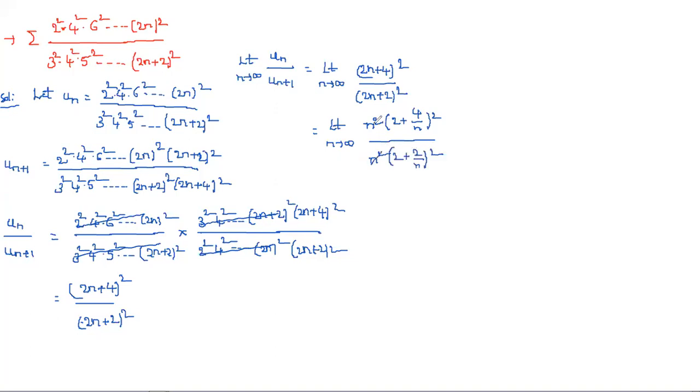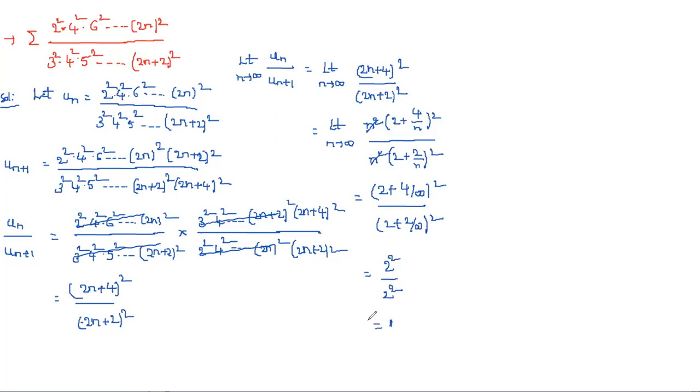So here n square both will cancel. Now you can substitute limit n as infinity. So 2 plus 4 by infinity whole square by 2 plus 2 by infinity whole square. And here, anything by infinity is 0. So for that, 2 plus 0 whole square, that is nothing but 2 square by 2 square. So this is equal to 1.